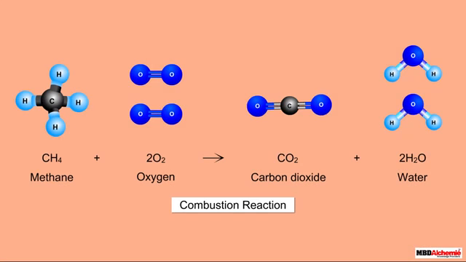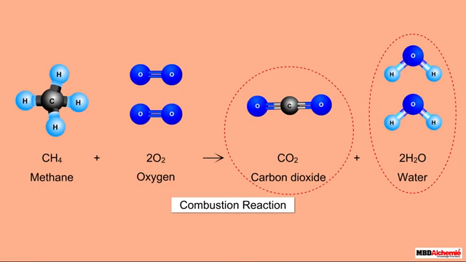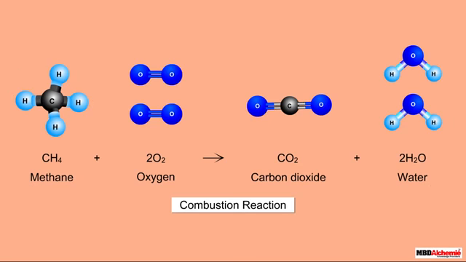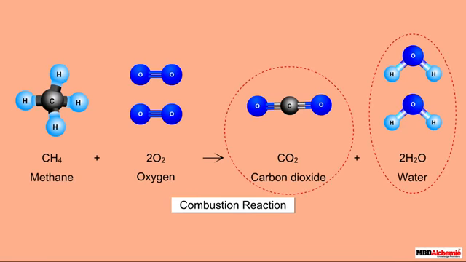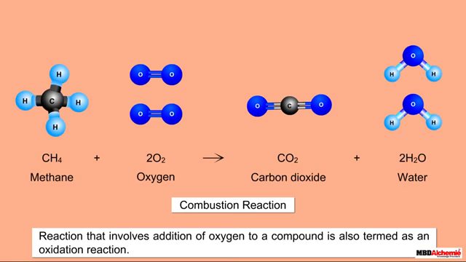If we look at the structure of methane and that of the products of its combustion, we notice that oxygen is added to the atoms of a methane molecule, thereby forming the products. The chemical reactions that involve the addition of oxygen to a compound are termed as oxidation reactions.